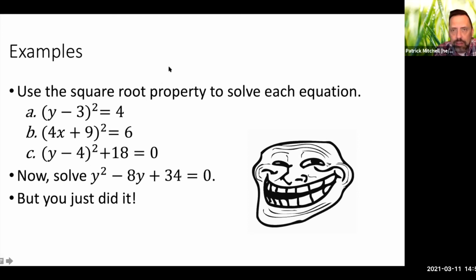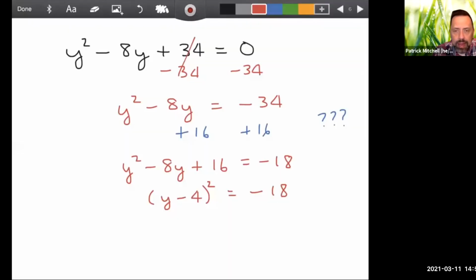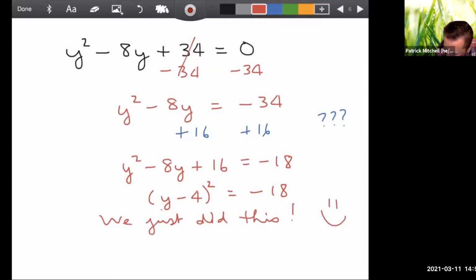That's the problem we just did. But it came originally written in a different form. So that's why you may have had trouble with it. We just did this problem. No need to do it again. The solutions are still going to be 4 plus 3i radical 2 and 4 minus 3i radical 2.